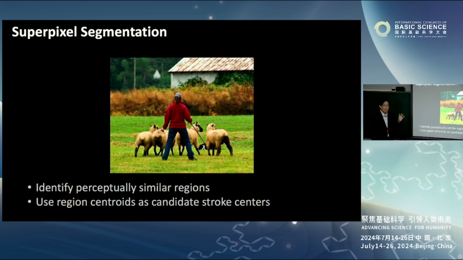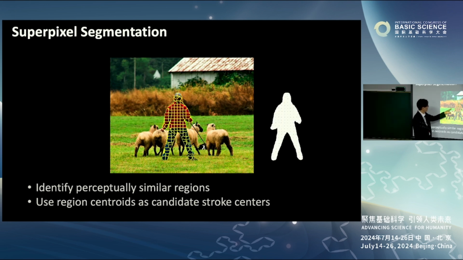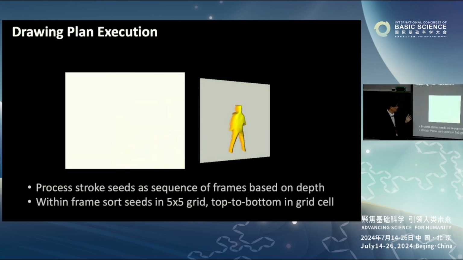And then for each segmented object, again, we group the perceptually similar regions, which we call superpixels, and that will be the starting point of strokes for each superpixel. At the same time, we use a depth map, which can be used for back-to-front drawing.